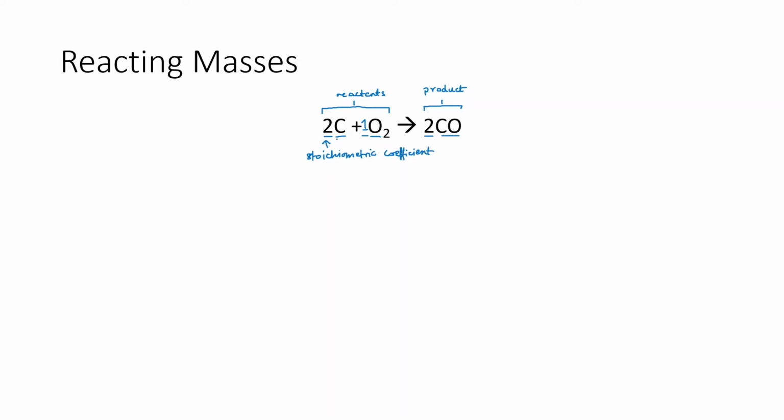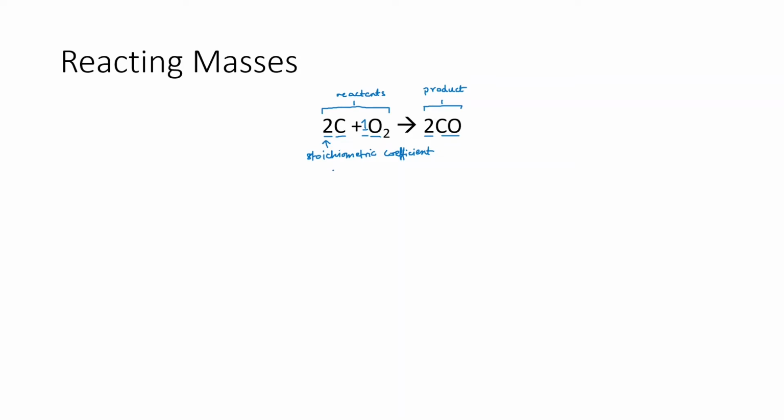So for example, over here we have 2 moles of carbon that reacts with 1 mole of oxygen, and these will give you 2 moles of carbon monoxide. So if we want to convert that into masses, then 2 moles of carbon, we know that carbon exists as single atoms. So for that, the molar mass will be equal to the AR, or relative atomic mass of carbon.